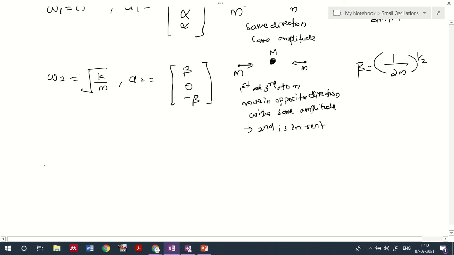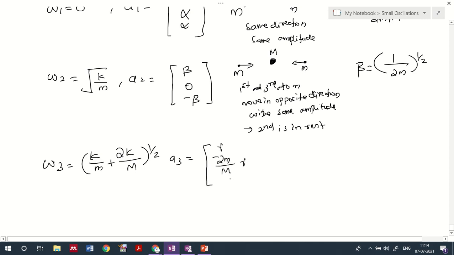And now the third case was omega 3 equal to (k by m plus 2k by capital M) raised to 1 by 2. In that case we will be getting a3 equal to what? a3 is equal to gamma, minus 2m by capital M gamma, then gamma.